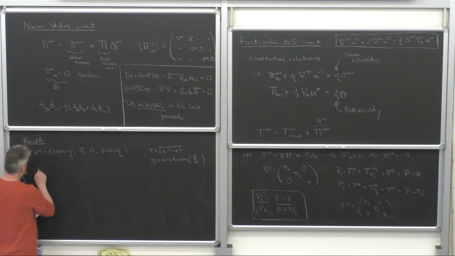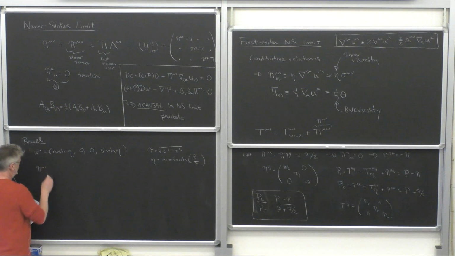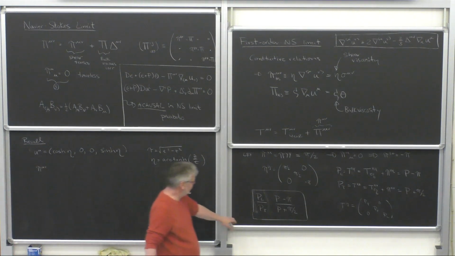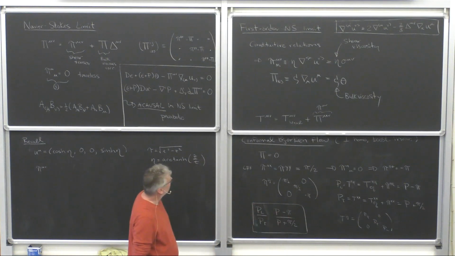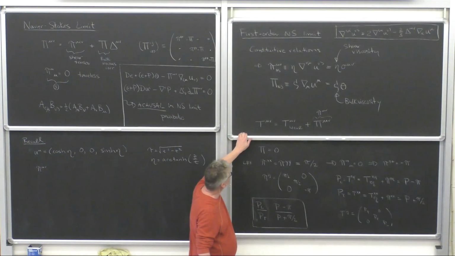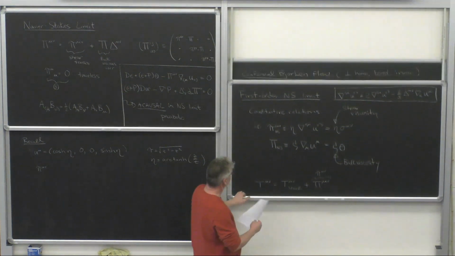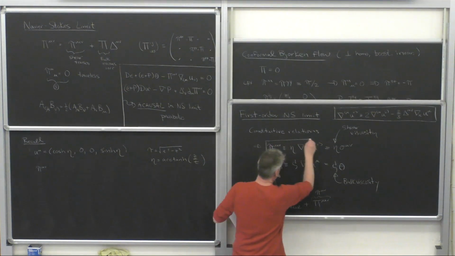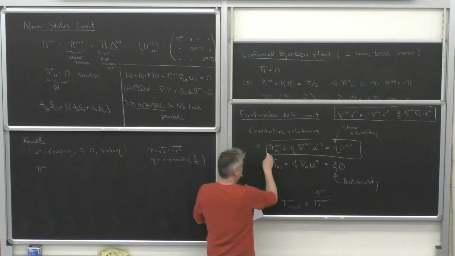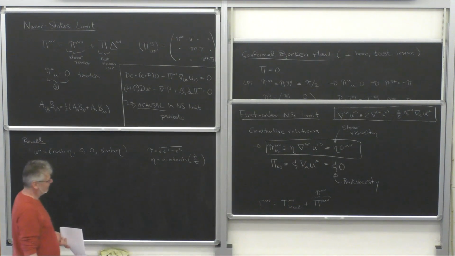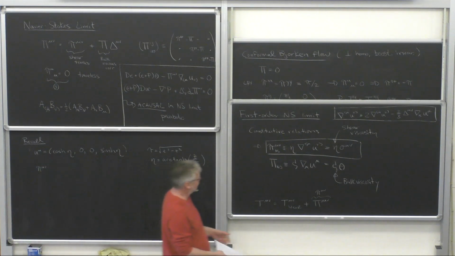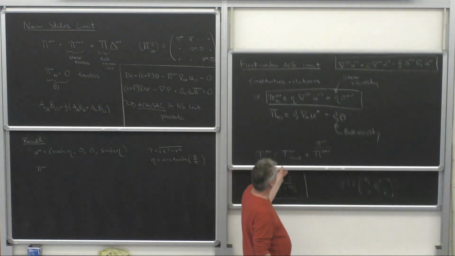Then, in order to calculate this little pi thing over here, in order to get the correction to the pressure, we need to go back to this defining relation that's up here and compute this angle bracket derivative of the velocity. So that's what we'll do next.